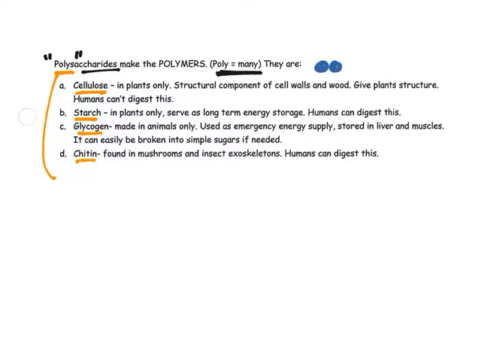These are all, in this case, polymers of glucose examples shown for you: cellulose, starch, glycogen, and chitin. So go ahead and pause and take a moment to read through about each of these polysaccharides. And when you're done, let's add some notes about them.